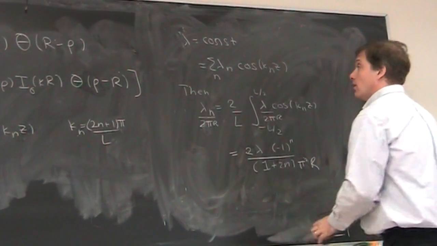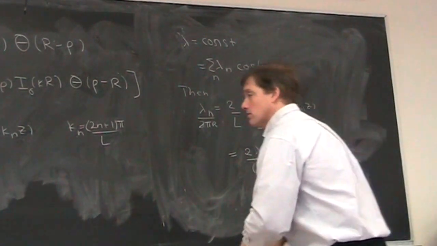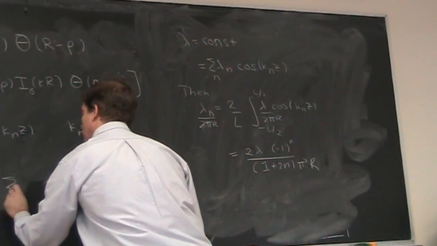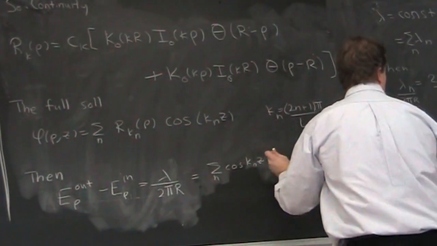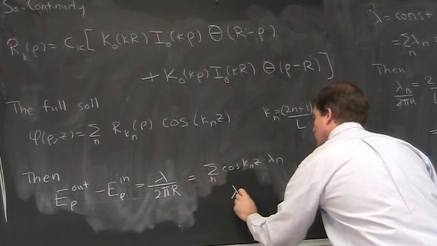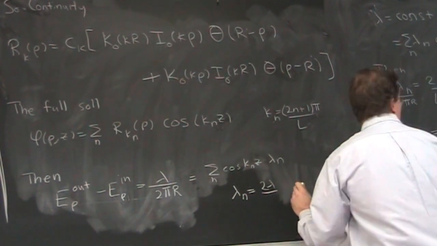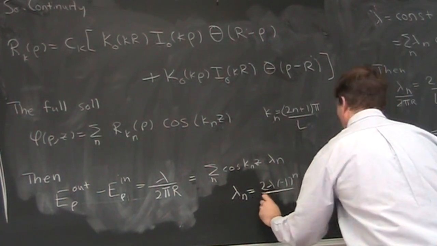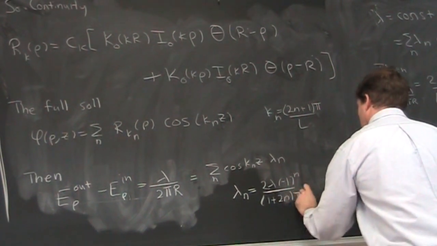Okay. So I need to write this down somewhere over here. Lambda minus 1 to the n over 1 plus 2 n squared.